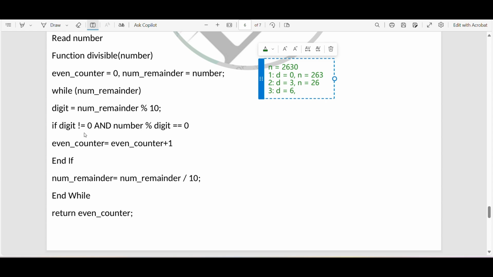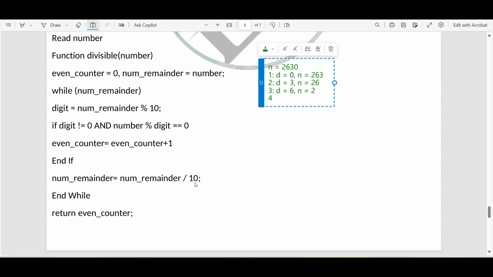And next, digit is not equal to 0, yes, it is 6, and then 26 mod 6 should be 0. In the 6 table, will you get 26? No, right? So this is again skipped, and then this num reminder will be divided by 10. So you will be getting 2 now, right?